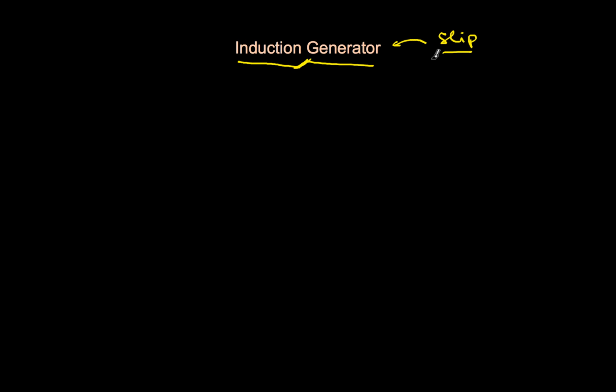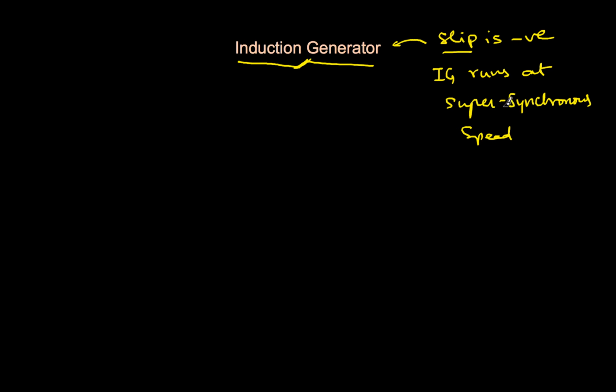Here the slip is negative, and the induction generator runs at super synchronous speed. That means in an induction generator the rotor is rotating faster than the stator magnetic field. Rotor rotates faster than stator.